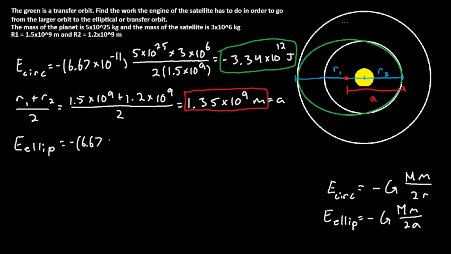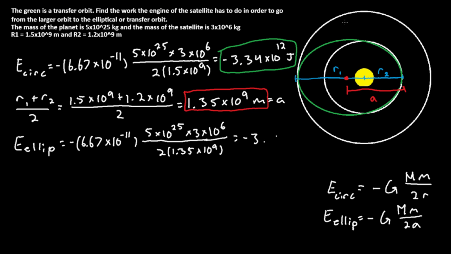There's always a gravitational constant somewhere, and we multiply it by the mass of the planet times the mass of the satellite, over 2a, and a right here is 1.35 times 10 to the power of 9. Once you've evaluated this in your calculator, you should get an energy of negative 3.71 times 10 to the power of 12 joules.